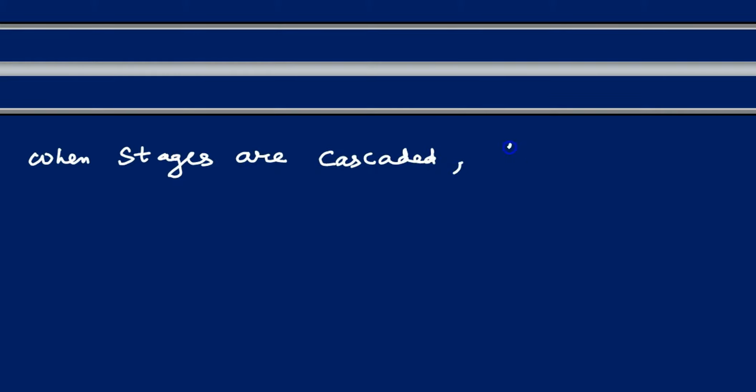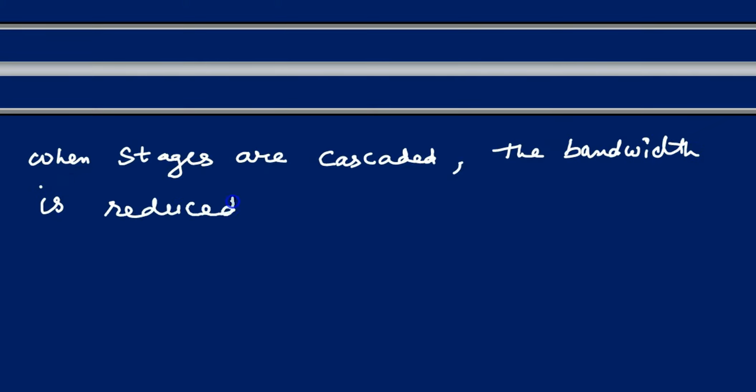When stages are cascaded, meaning one is connected to a second, connected to a third, the bandwidth is always reduced.